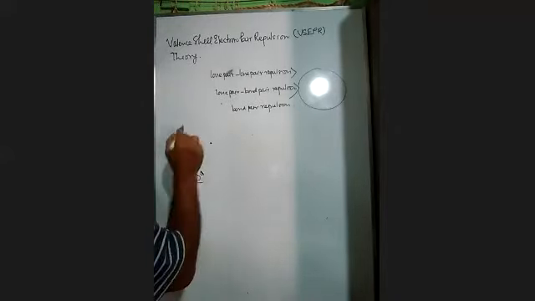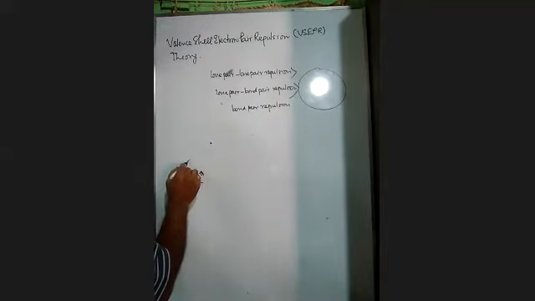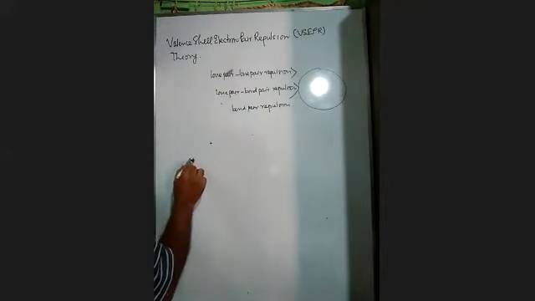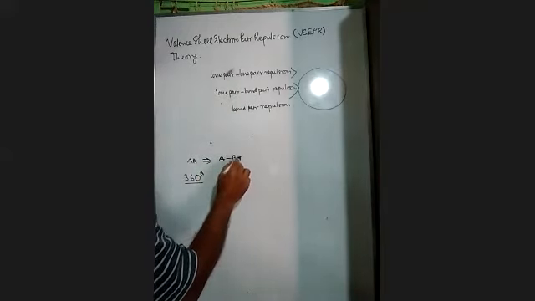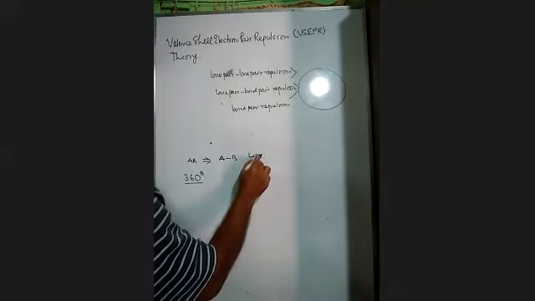Clear? Now, if you have taken any molecule like AB, it has to be linear. Why? Because we know the minimum distance between two points is always a straight line.